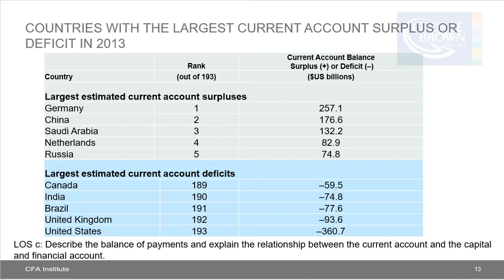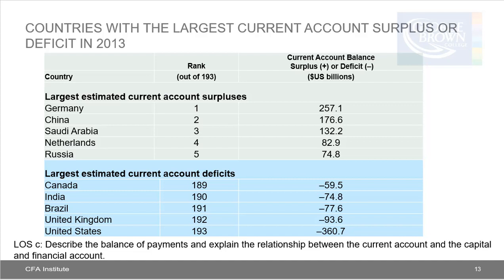Very quickly on this slide, it's a table that's in the text. We're looking at countries with the largest current account surplus or deficit, going back to 2013. The countries with large current account surpluses, Germany, China, Saudi Arabia, Netherlands, and Russia, are saving. They have more inflows than outflows, so these countries have the ability to lend to other countries.